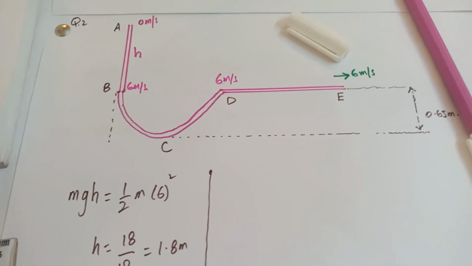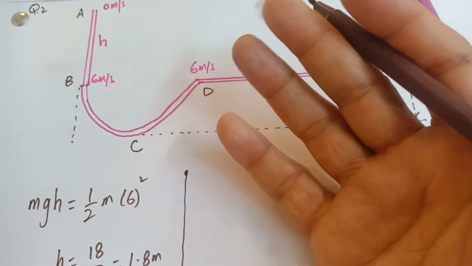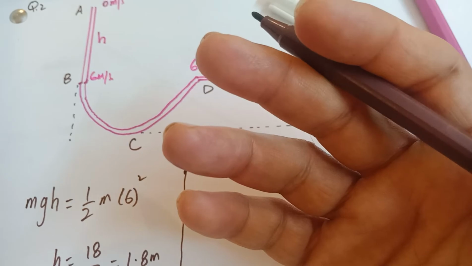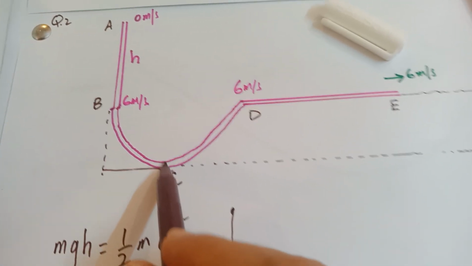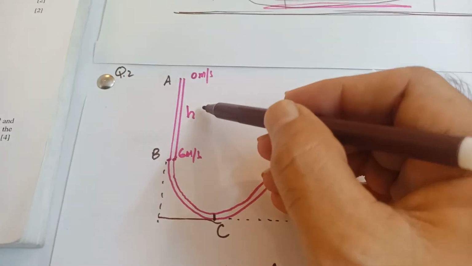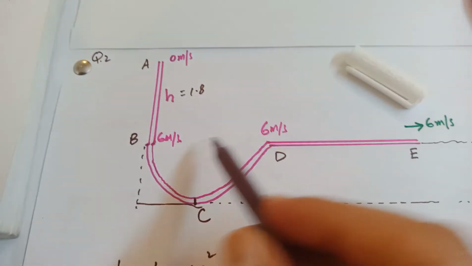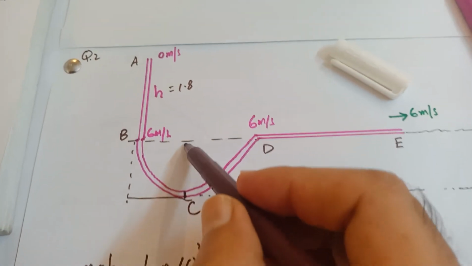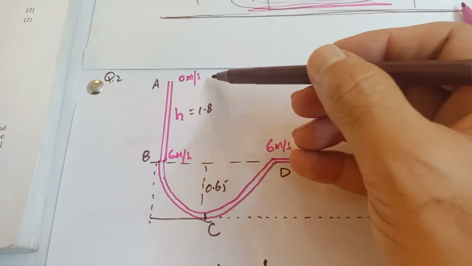If the kinetic energy is maximum, wouldn't that mean that the potential energy is going to be minimum? Yes. So the potential energy is minimum at the point C, because this is the lowest point over here. Okay, so this was 1.8 meters. You add another 0.65 into it. So we'll just take this part now.